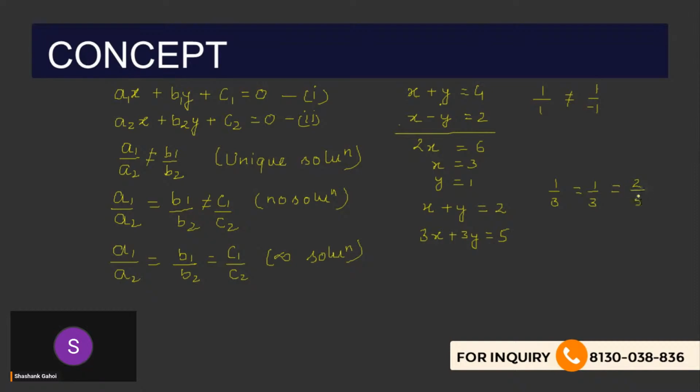Constant term is 1 upon 3, 2 upon, x is the condition. Okay. Third one is A1 upon A2 is equal to B1 upon B2 is equal to C1 upon C2. So let and 3 also equal to 6. Coefficient of y, constant.